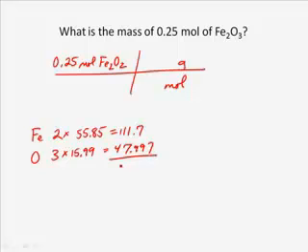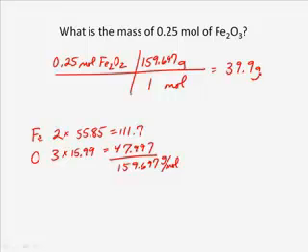That gives me 159.697, and this is the number, in addition to being atomic mass units for one formula unit of this compound, that is also the grams per mole if I have a mole of formula units. So that gives us 39.9 grams of the iron(III) oxide.